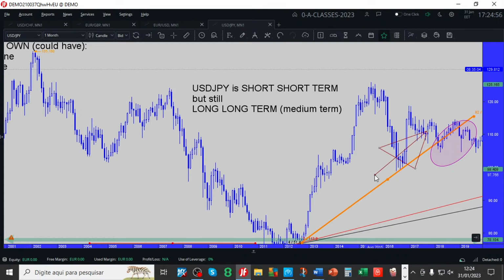What does this mean in your analysis for the week or for the hour or whatever? When you see something like this, starting from today, you must understand that this market is short term, because the market broke the short-term uptrend line. This is the logic behind it, but it's still up. It's still long term.